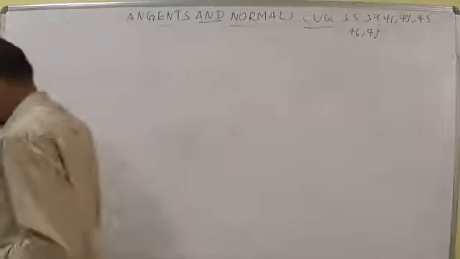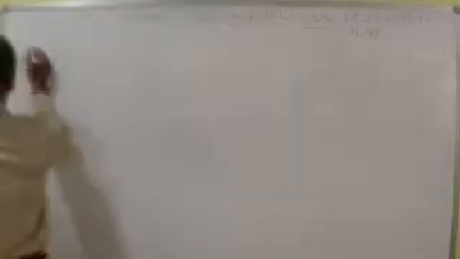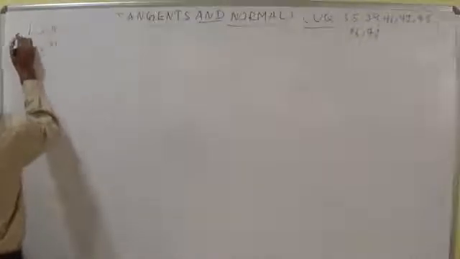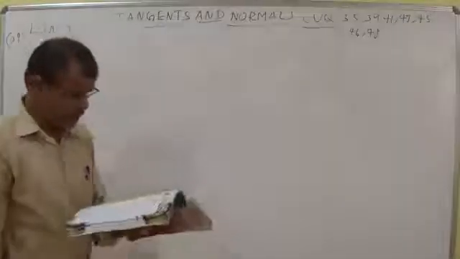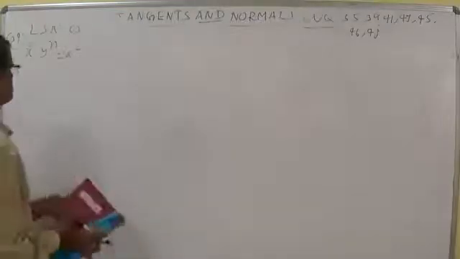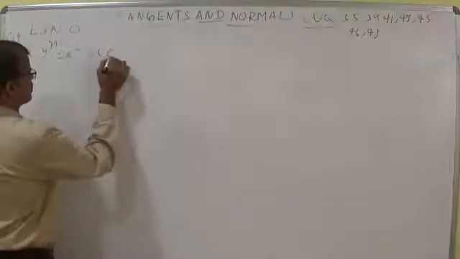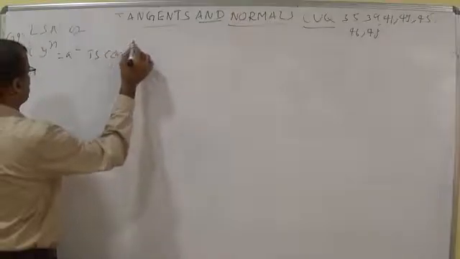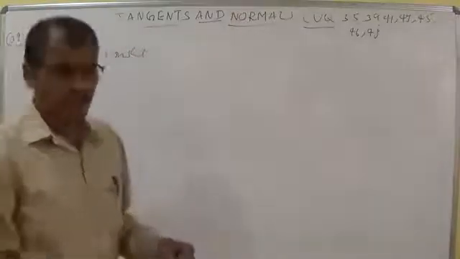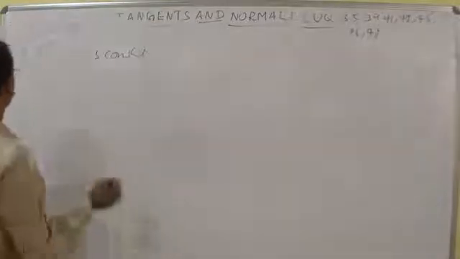Length of subnormal LSN of x square y power n equal to a square is constant. For this curve, the length of subnormal is constant, then you should calculate the value of n.